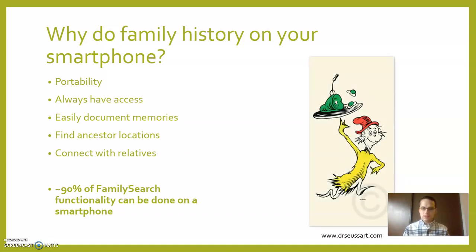I like family history on a smartphone for what I consider to be a green eggs and ham concept. If you're familiar with the Dr. Seuss story, Sam I Am wanted to introduce green eggs and ham to this gentleman, creature, whatever it was, and he did so in a variety of settings, with a mouse in a house, in a box, on a fox, with a fox, on a train in the rain.